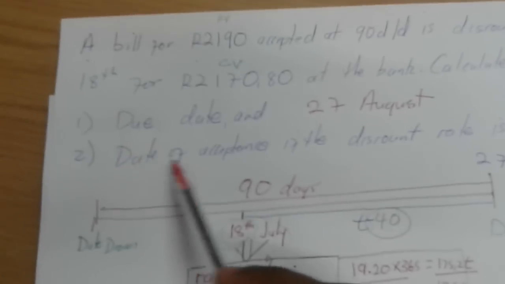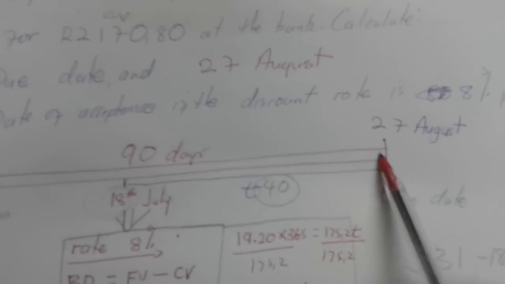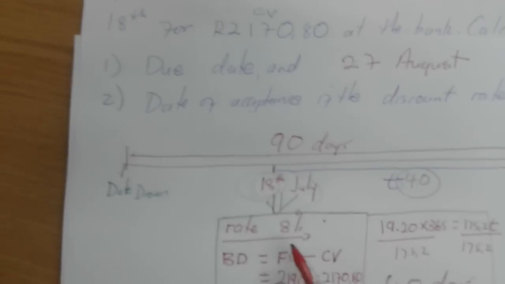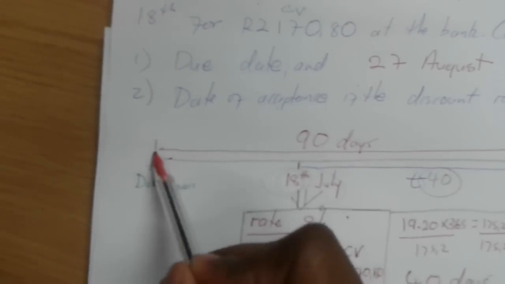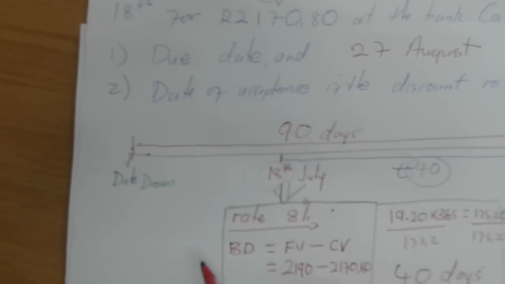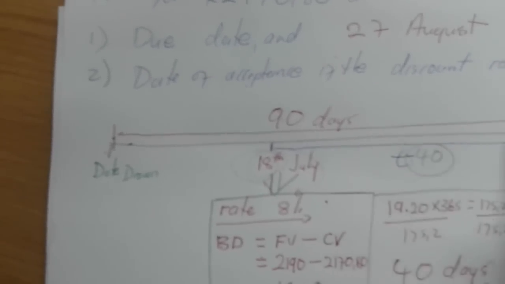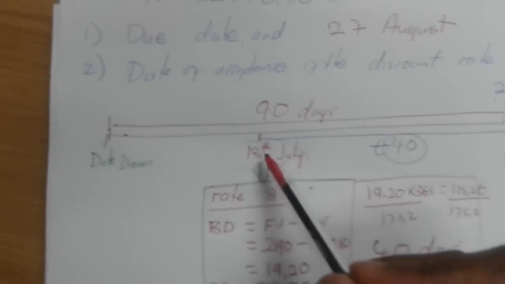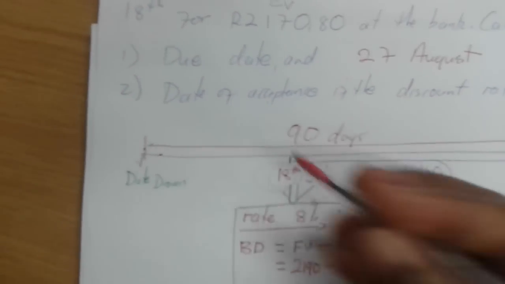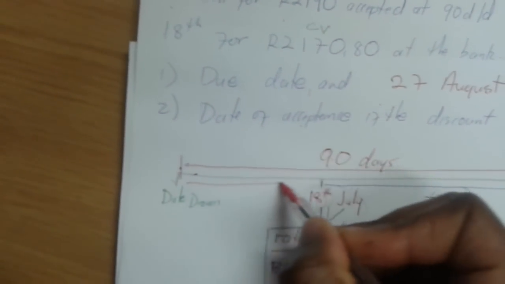Now let's look at the date of acceptance. So you simply count 90 days from this going back. Or the easy way, we know that from here to there is 90. But from 19 July going onwards is 40. So of course from 18 July backwards it should be 50. Perfect.